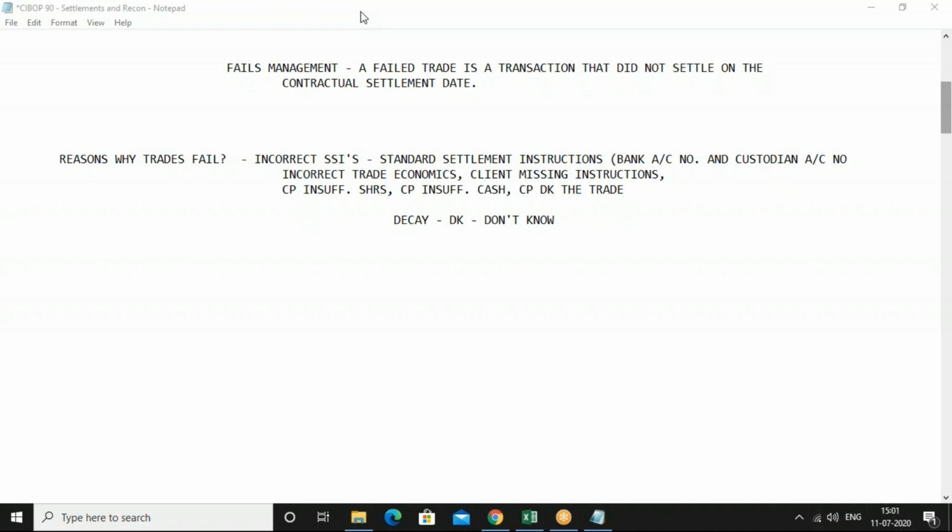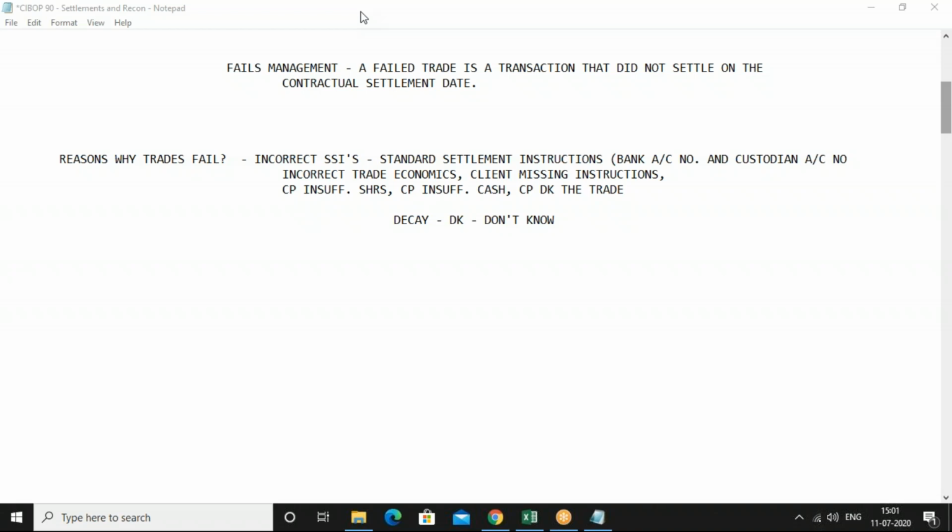I'm delivering the securities and I am getting paid for it. So what side of the deal am I on? Am I on the buy side or the sell side? Yeah, exactly. Sell side. So delivering the security and receiving the payment.